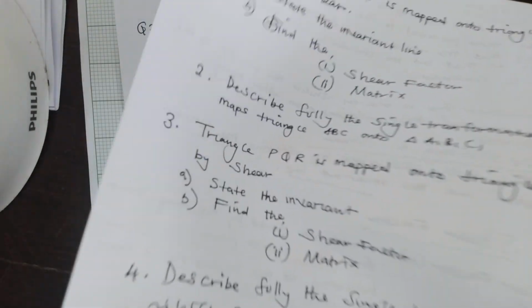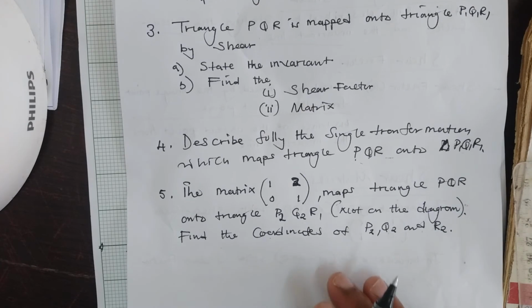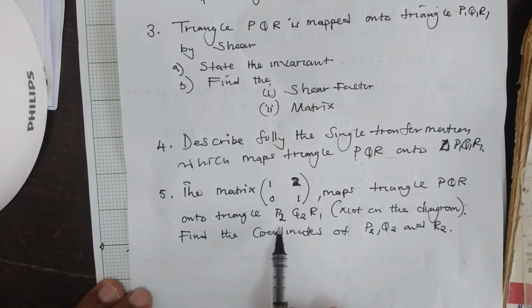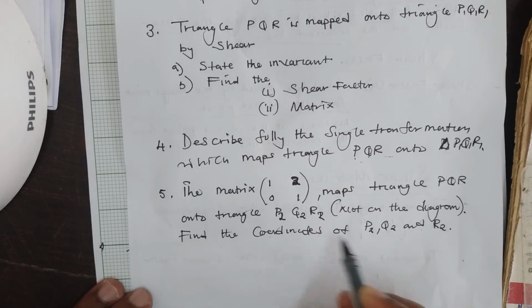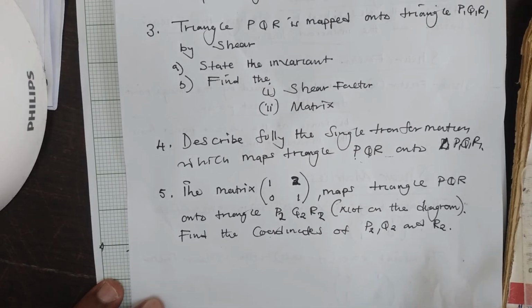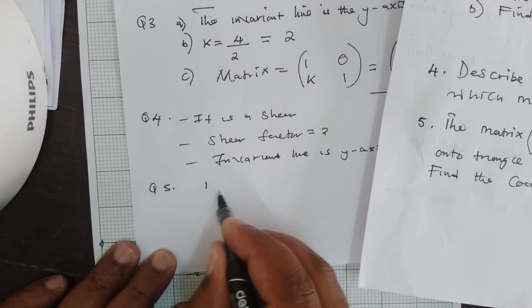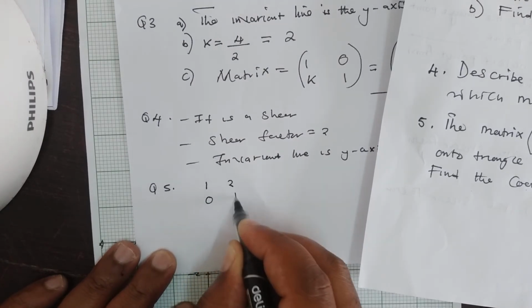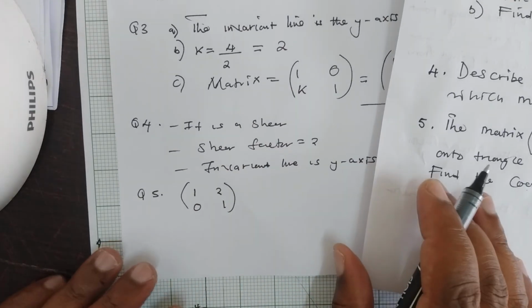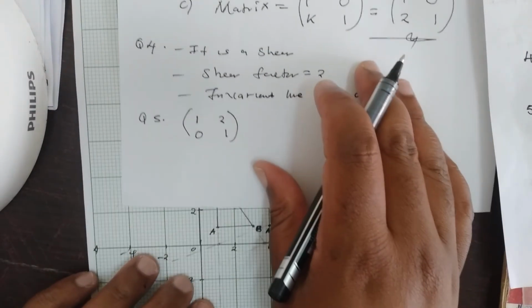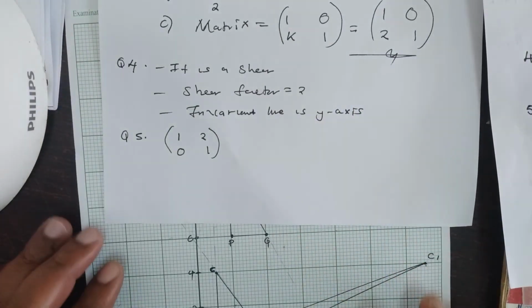Okay, question 5 now. What is question 5? We are saying the matrix maps triangle PQR onto triangle P2Q2R2, which is not on the diagram. Find the coordinates of these. So we'll say this matrix 1, 2, 0, 1 maps triangle PQR.